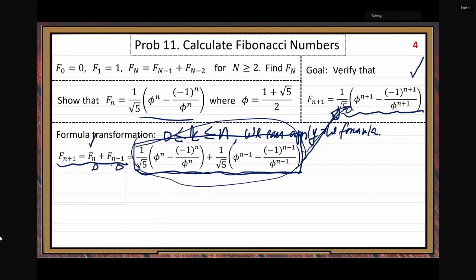At the end, we can multiply it back. So let's ignore that 1 over root 5.